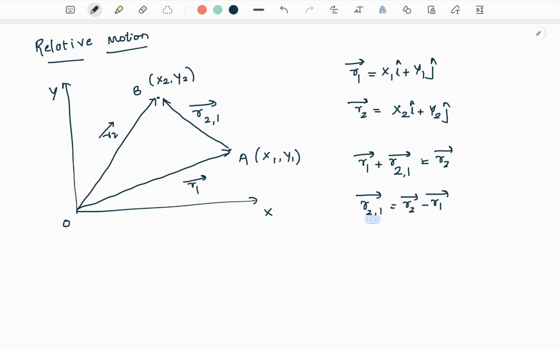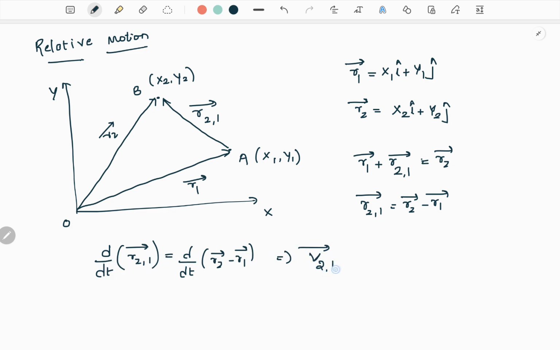Now if you differentiate this with respect to time, d by dt of r21 is equal to d by dt of r2 bar minus r1 bar. So d by dt of r21 bar gives us the velocity of the second body as seen from the position of the first body, or as seen by the first body. Then we get d by dt of r2 bar, which is v2.